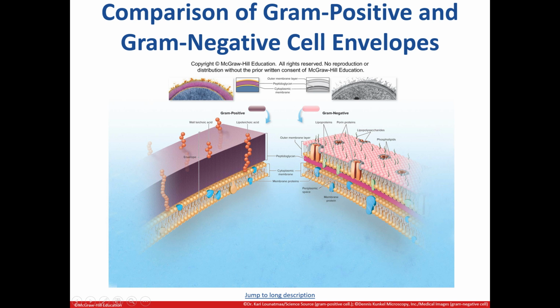You see the cell membrane, along with teichoic acid and lipoteichoic acid. In a gram-negative bacterium, you'll notice an extra layer, which is the outer membrane, which contains porin proteins and lipopolysaccharides. It has a thin layer of peptidoglycan and has a periplasmic space and a cell membrane.